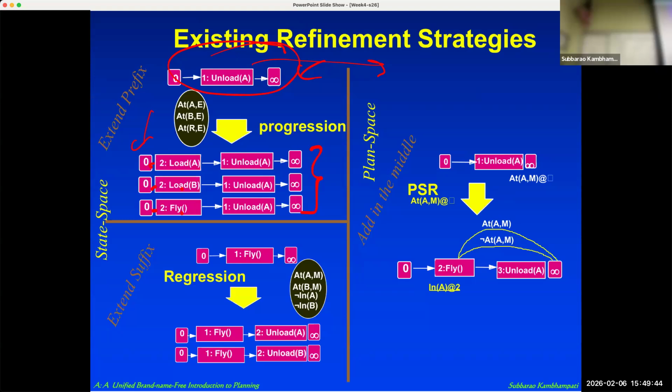You could not put unloading A because unloading A's preconditions require A to be inside, and A is not inside in the initial state. This is a normal rocket problem. Everything is on the Earth. You need to load them into the rocket, take it to the moon, and unload them on the moon. So the very first action can be load A, load B, or fly.